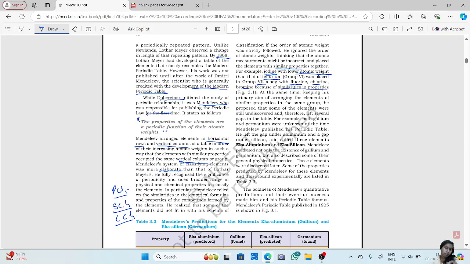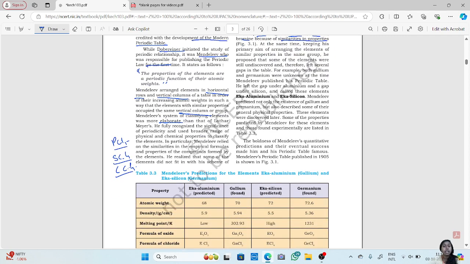So those elements will be placed here. Okay, so you can now think that he was such a great person. Even before the discovery of elements, he left a place for those elements.